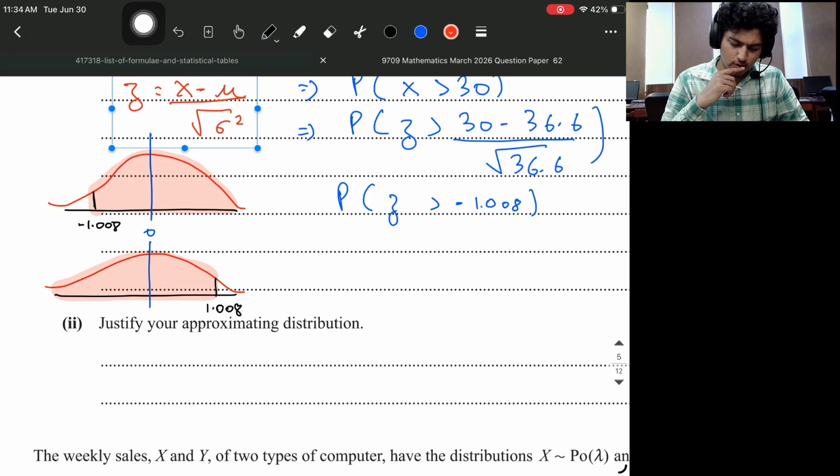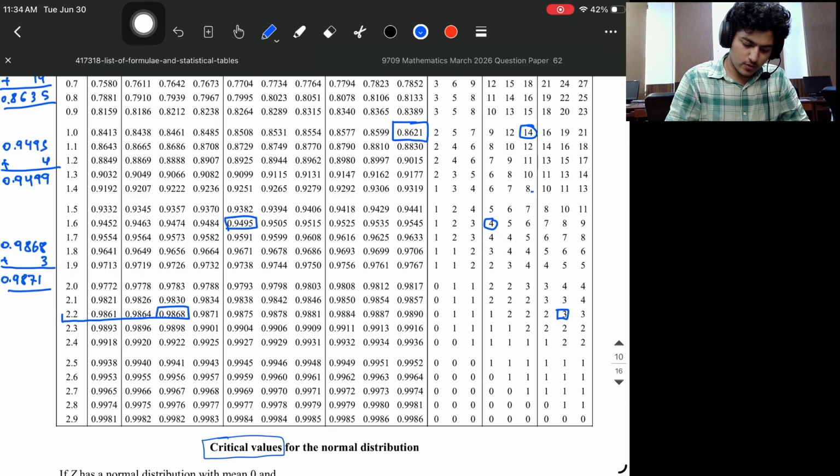We need the probability of greater than negative 1.008, and this will just equal phi of 1.008. So let's find that out.